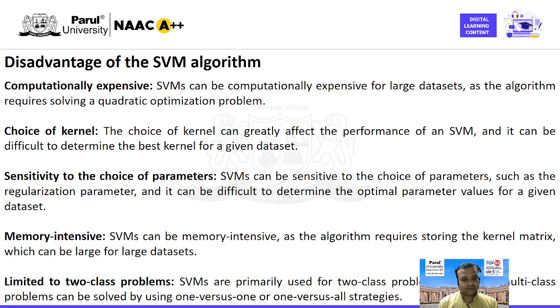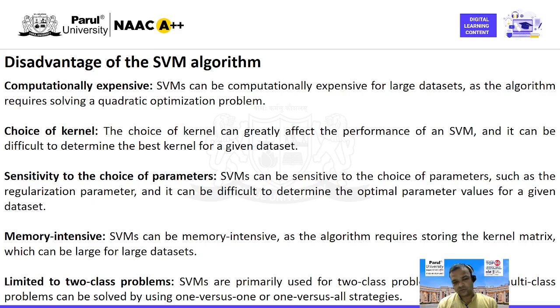Next one is sensitivity to the choice of parameters. SVM can be sensitive to the choice of parameters like the regularization parameter, and it can be difficult to determine the optimal parameters for a given dataset. Memory intensive: SVM can be memory intensive as the algorithm requires storing the kernel matrix, which can be large for large datasets.